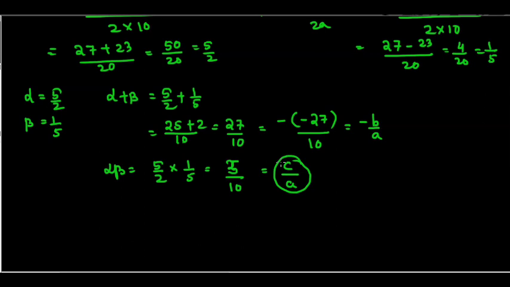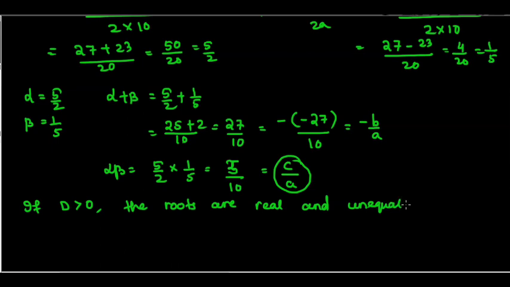And remember one more point: if D is greater than 0, meaning the discriminant of a quadratic equation is positive, then the roots are real and unequal. Roots are real and unequal means we will get two different solutions or two different roots.